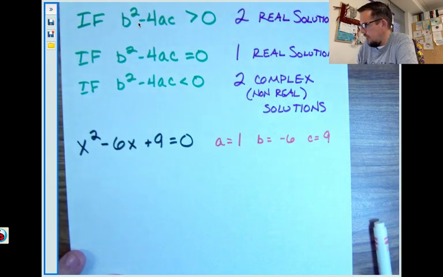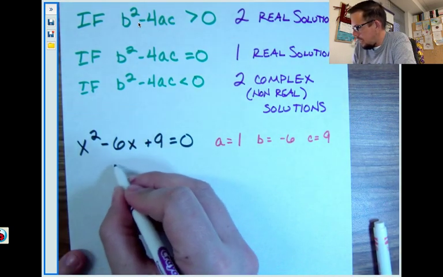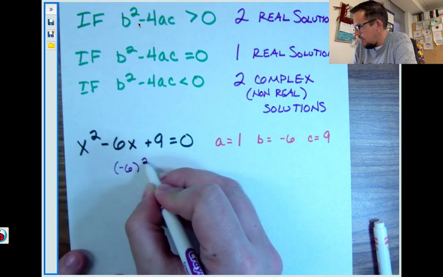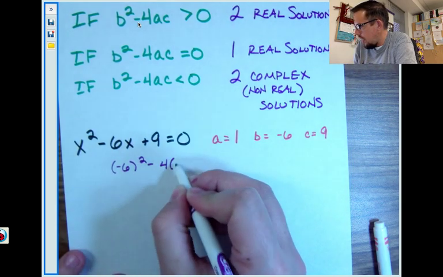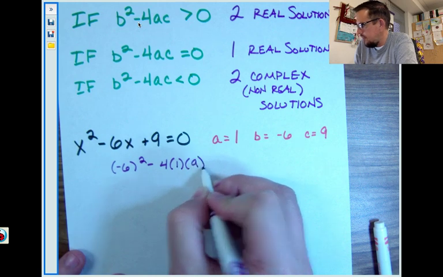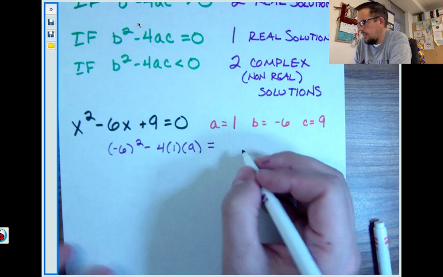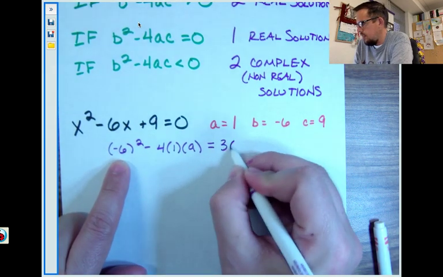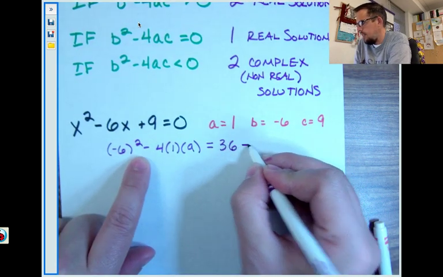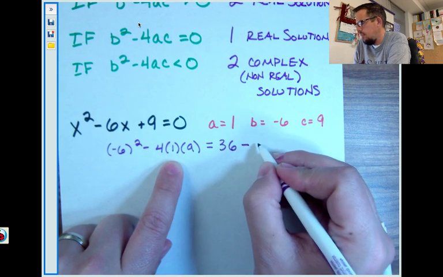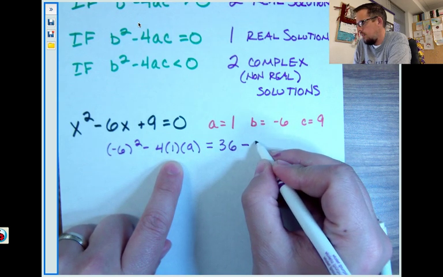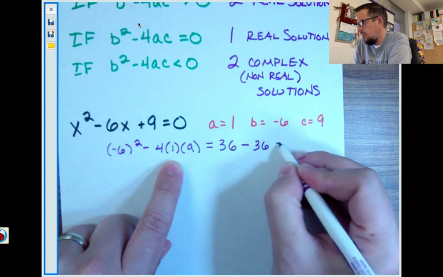So I'm going to plug those in. b squared minus 4ac. That's going to be 36 minus, what's 4 times 1 times 9? 36 minus 36 is 0.